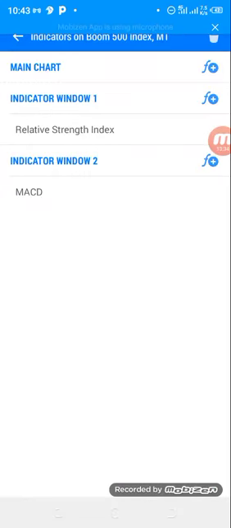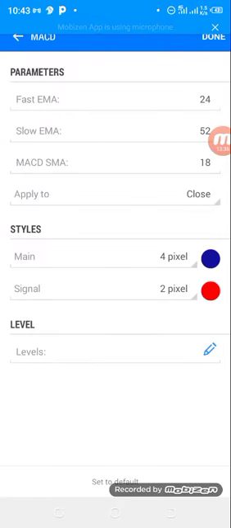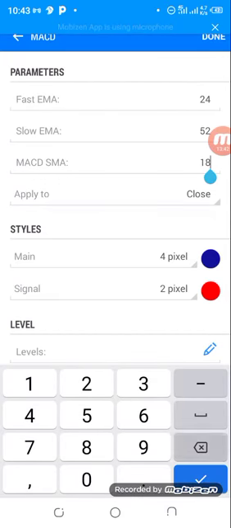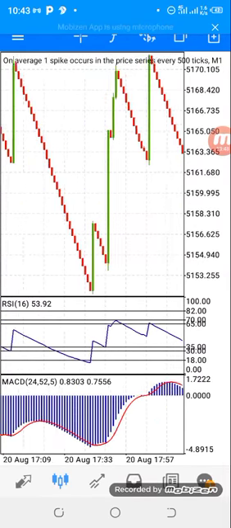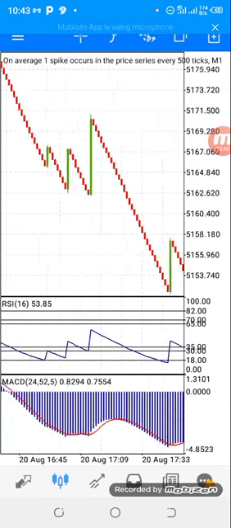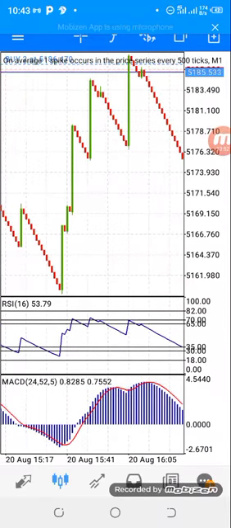We just need to change one thing, which is our MACD SMA 18. We change it to 5. Take note of that. We change it to what? We change it to 5.